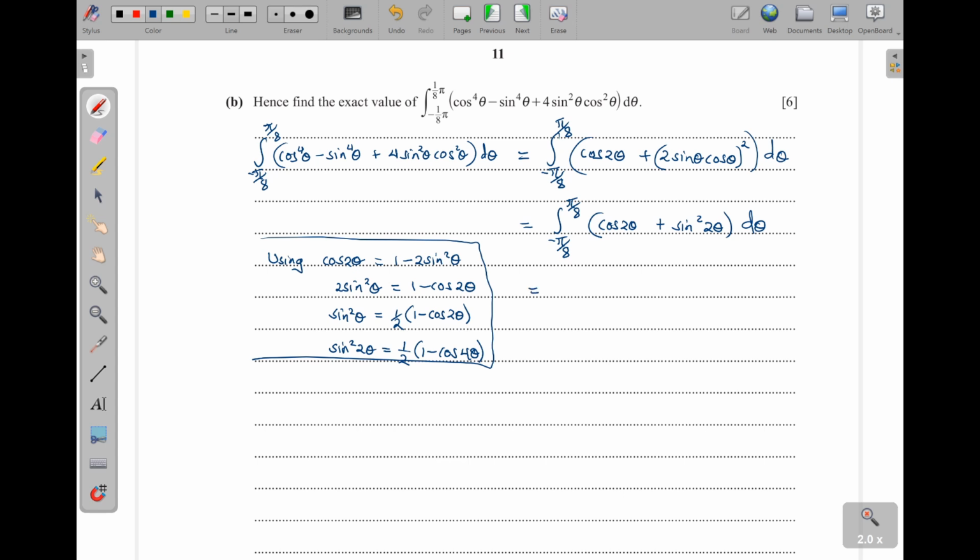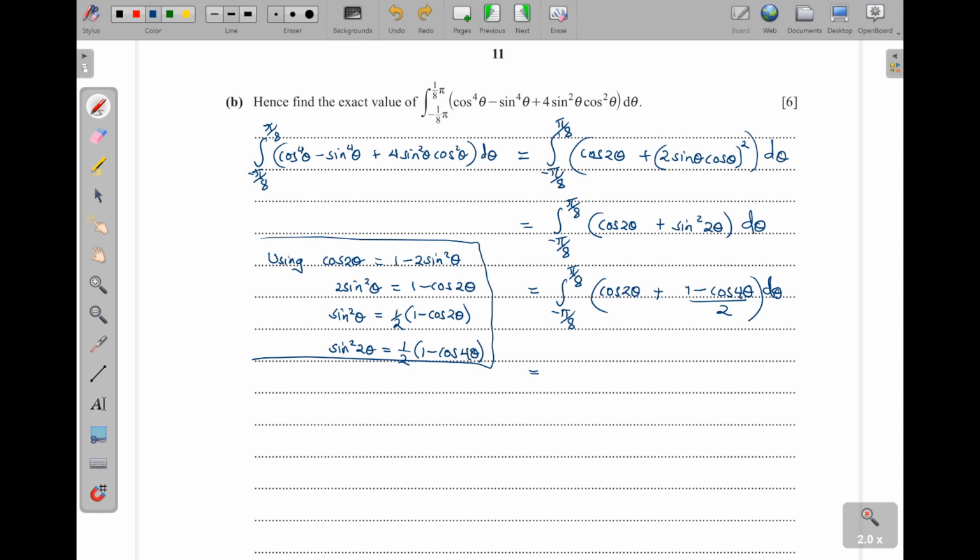Now we can substitute here. It will be the integral from negative pi over 8 to pi over 8 of cos of 2 theta plus (1 minus cos of 4 theta) over 2, d theta. Now when we integrate, this is not just theta, it is 2 theta.